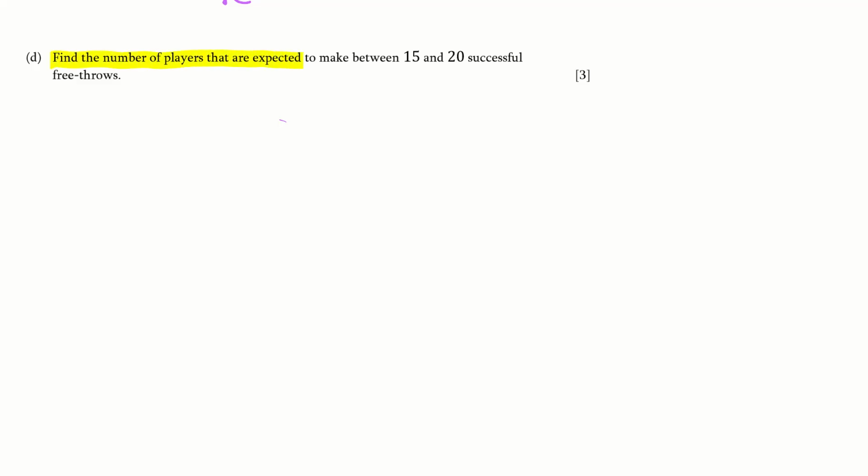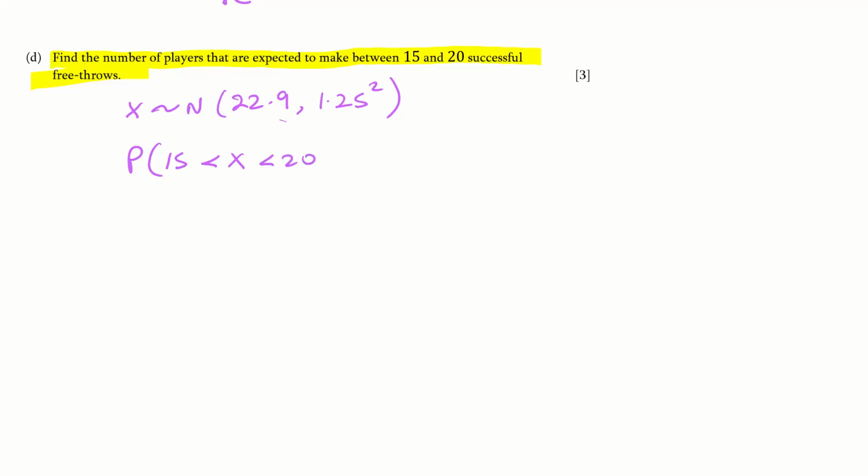Find the number of players that are expected to make between 15 and 20 successful free throws. So we now have that we have a normal 22.9, 1.25 squared. And we just want to find that x is between 15 and 20.